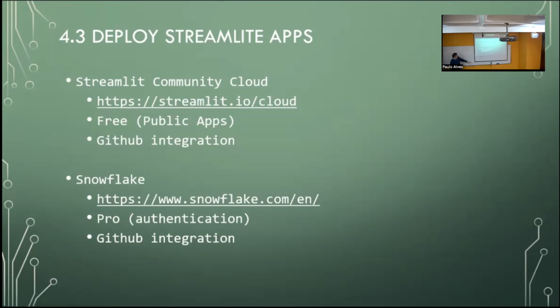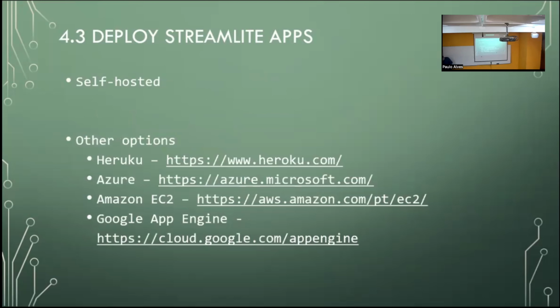But you also have a professional service using Snowflake, okay? This has authentication, okay? The Community Cloud is free. It has GitHub integration, but it's public. It means that you cannot protect your data. Okay? But you can use any other option like self-hosted.